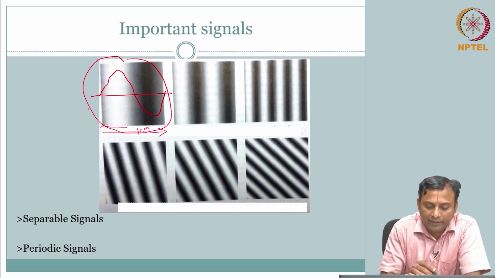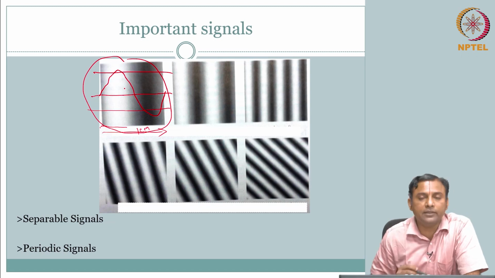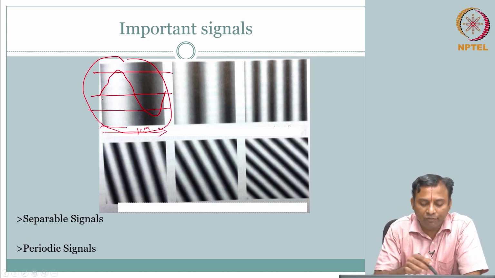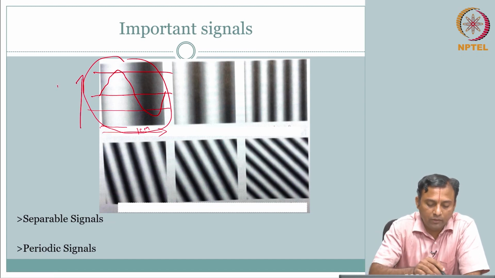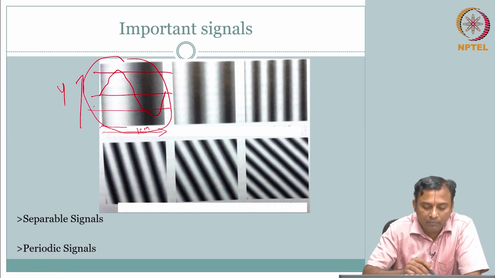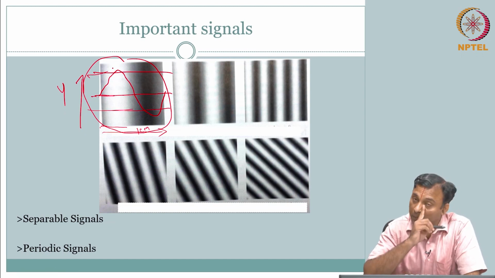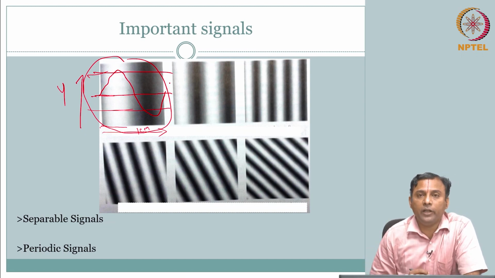So, that means if I take the profile here, it is still going to be like this. If I take the profile here, it is still going to be like this. So, what does this say? Oh, irrespective of where I am in my y direction, I am going to have only oscillation in x direction.